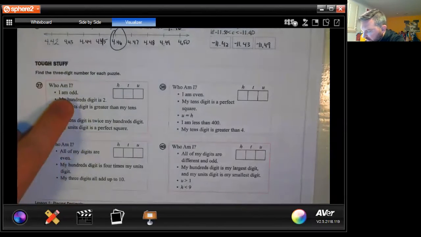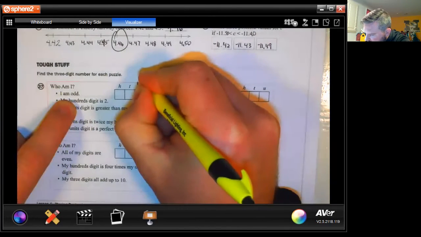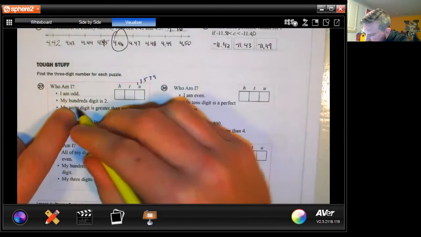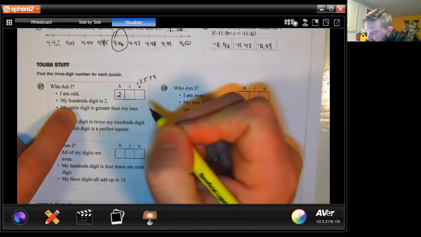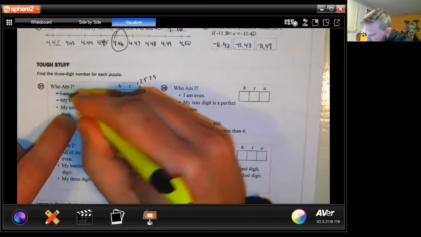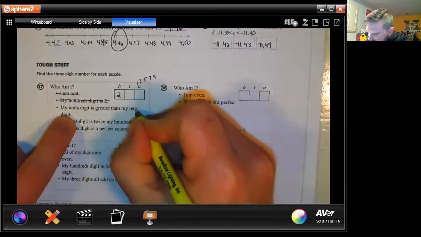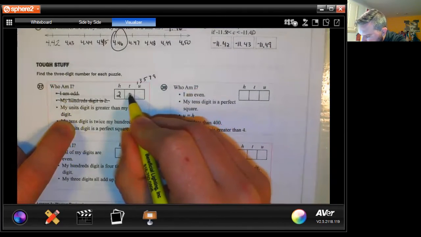I'm odd, which means this number over here is a 1, 3, 5, 7, or 9. My hundreds digit is 2. So this is a 2 right there. We got that one taken care of. My units digit is greater than my tens digit. So this number here is bigger than this number.